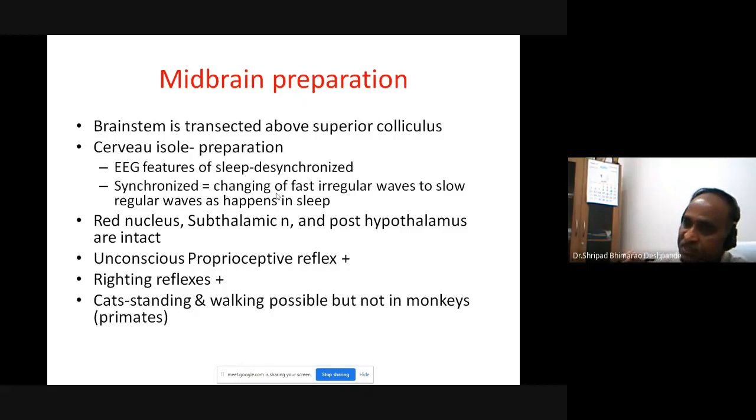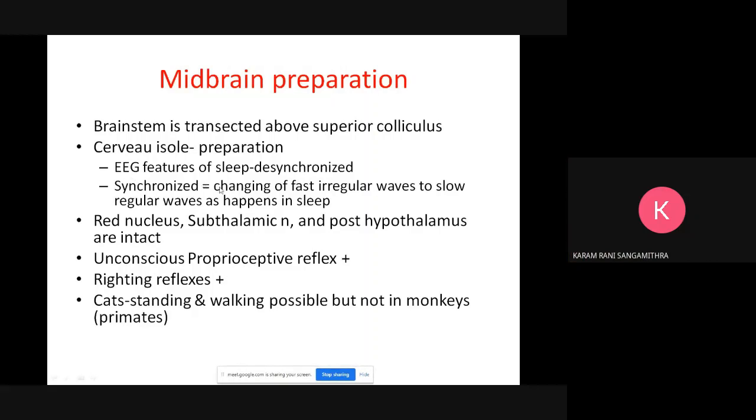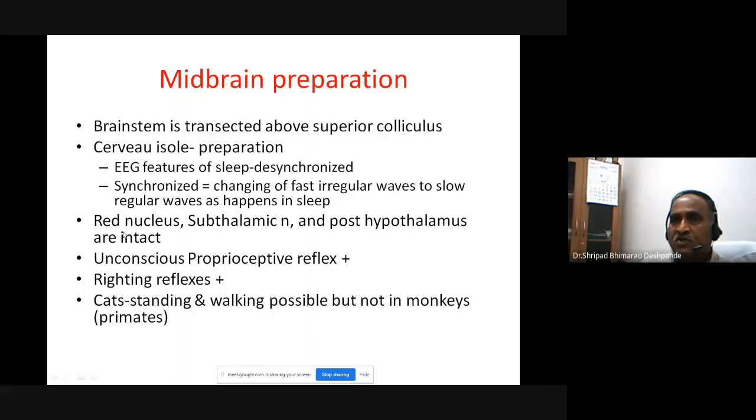That is synchronized sleep. Now in this brainstem situation, there will be a desynchronized sleep pattern.